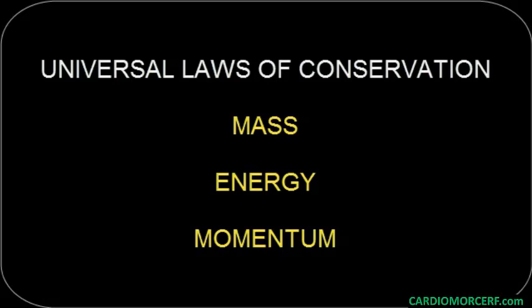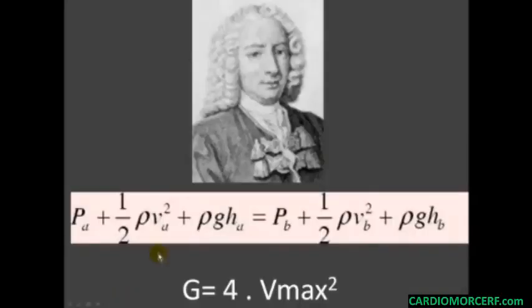So the momentum conservation says the total of the momentum in a closed system is a constant. This is our friend Bernoulli and his complicated equation relating pressure and velocity of a fluid. Here enters variables as fluid density and others that don't interest us right now.